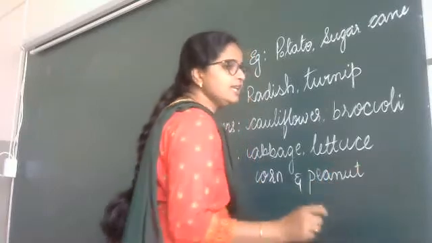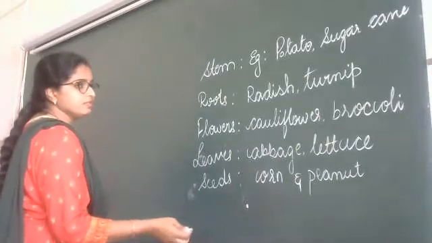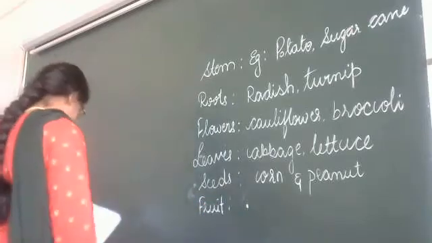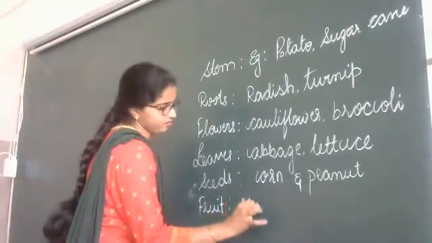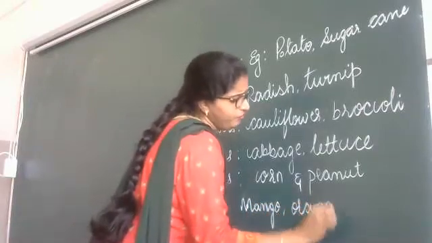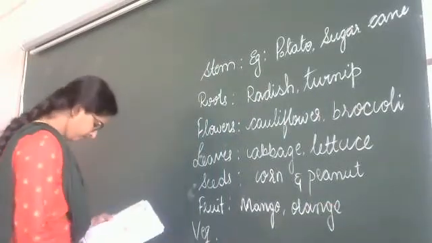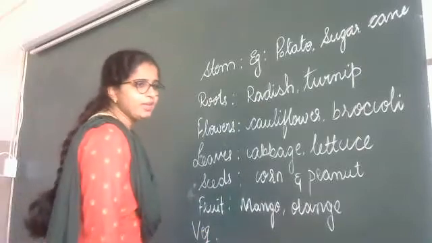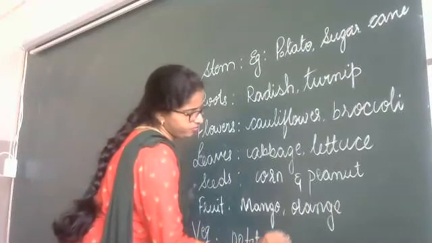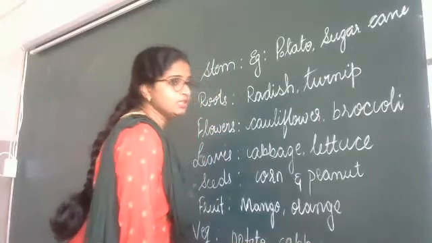These are the seeds of the plant. And next is fruit. Mango. There are so many fruits we eat. And vegetables: potato, radish, cabbage. So these are the things which we eat.